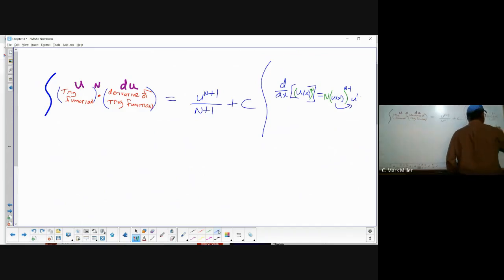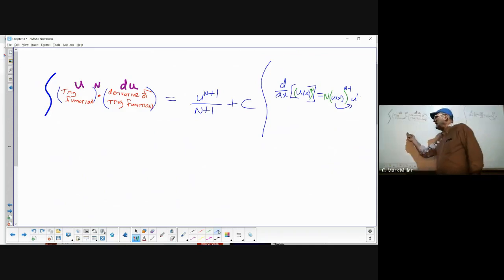Maybe I should just put du there, right? The derivative of the inside comes out from the chain rule. So u substitution is the chain rule in reverse. So that means the derivative goes back in when you take the nth derivative.